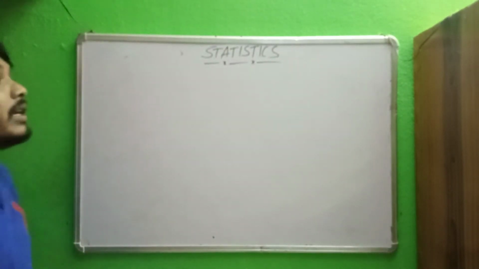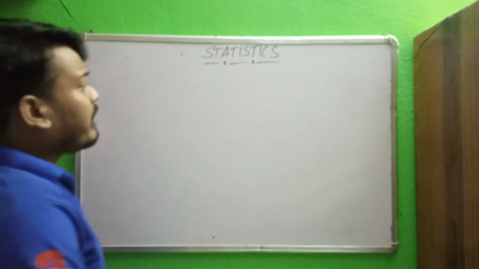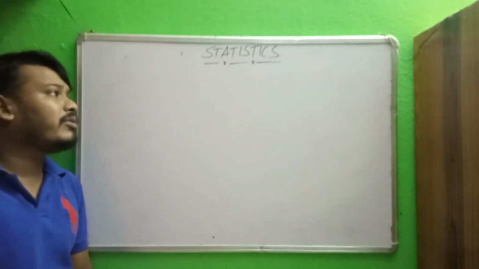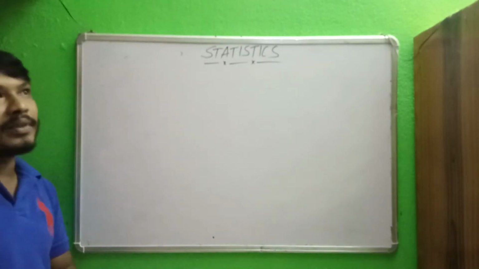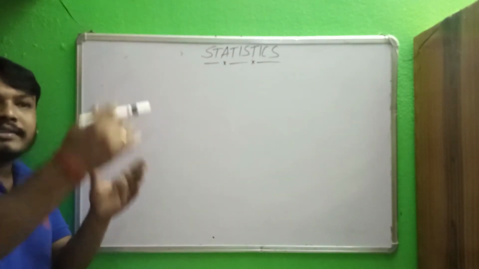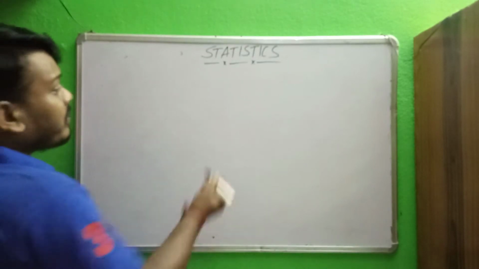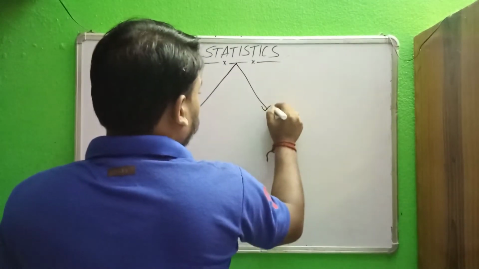Here I will recall that by making a chart so that it will be more stable in your mind. If you read something from a chart, I think it will be better. So statistics represents data in two ways.